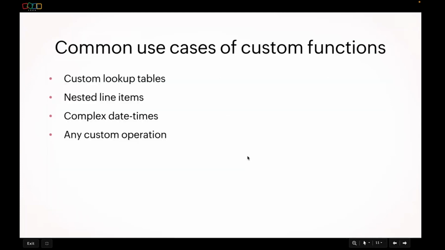Now, I'll give you some examples of when these custom functions are used. Lookup tables. What are lookup tables? Let's say you have a serial number and an employee or a SKU ID in your inventory app, and it is marked with another item.